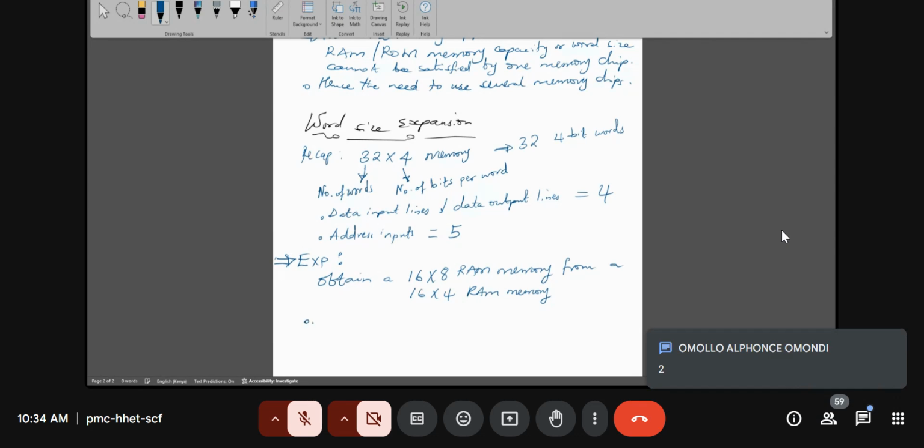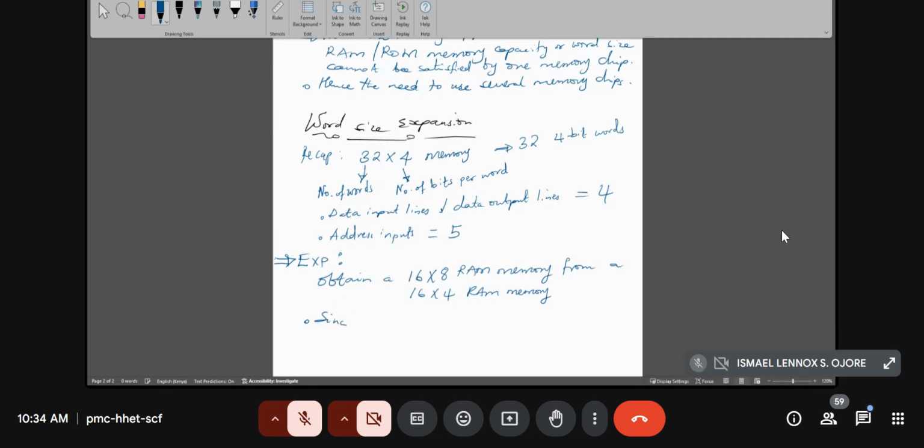So we can just note that down, that since each chip can store 16 4-bit words, and we require to store 16 8-bit words, we'll use each chip to store half of each 8-bit word.